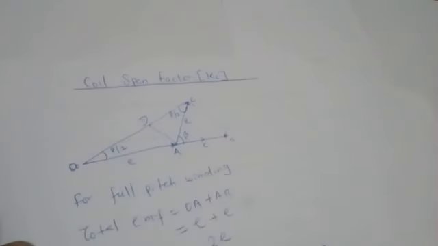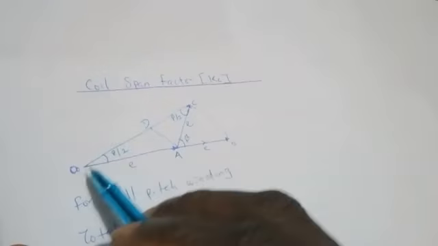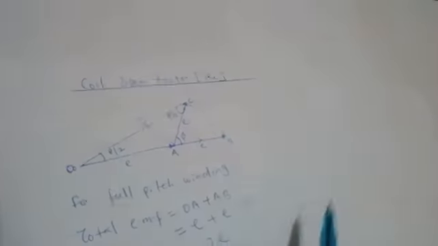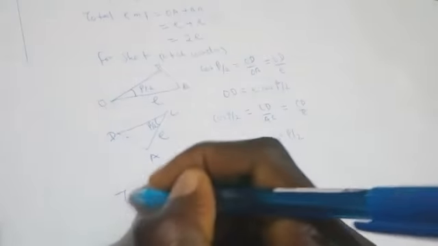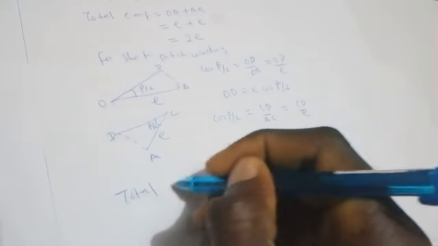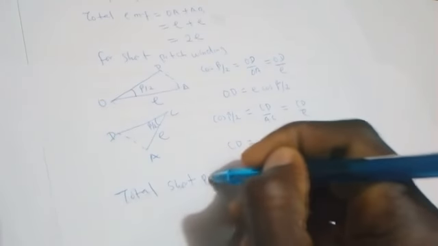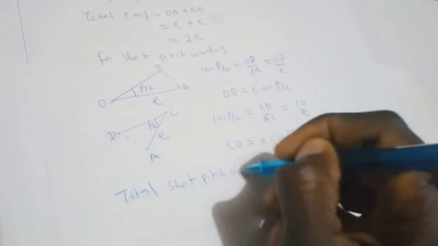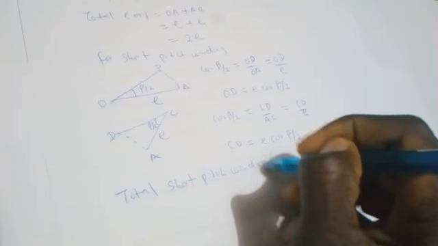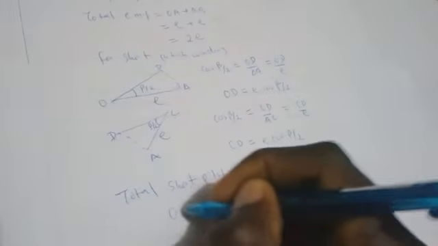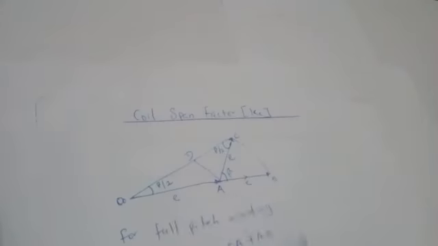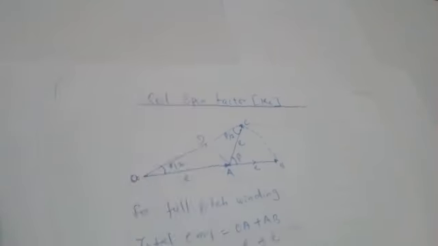And we told you that the total short pitch winding is OC. So from here now, the total short pitch winding OC is equal to OD plus DC.